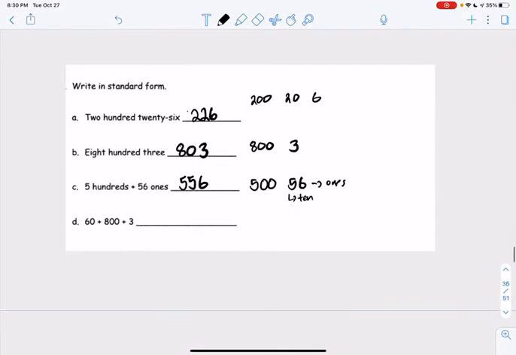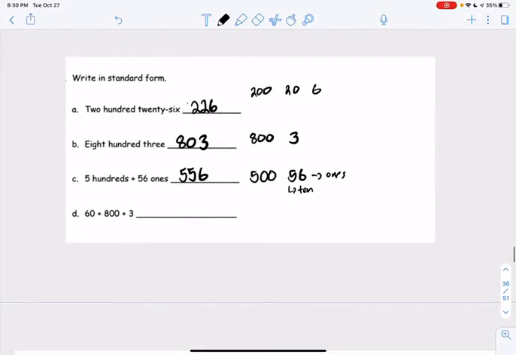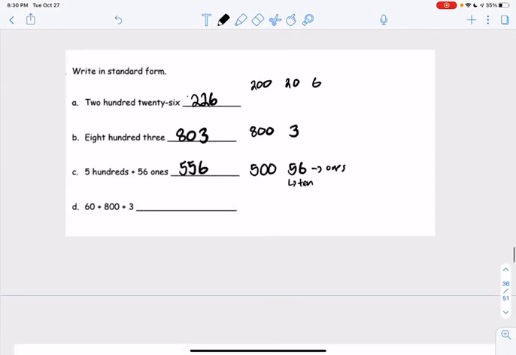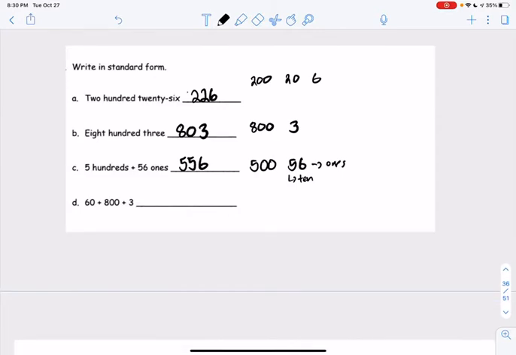556. Now this one's kind of like expanded form, and what might make it easier for us is if we go ahead and put it in the right order. So our order that we'd want to go is biggest number to lowest number.